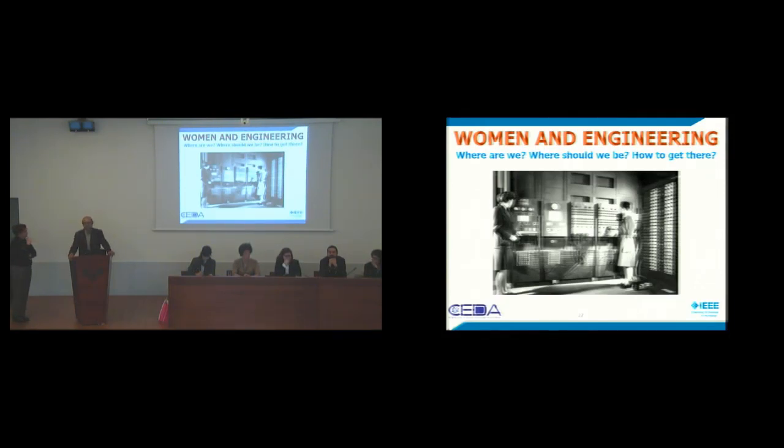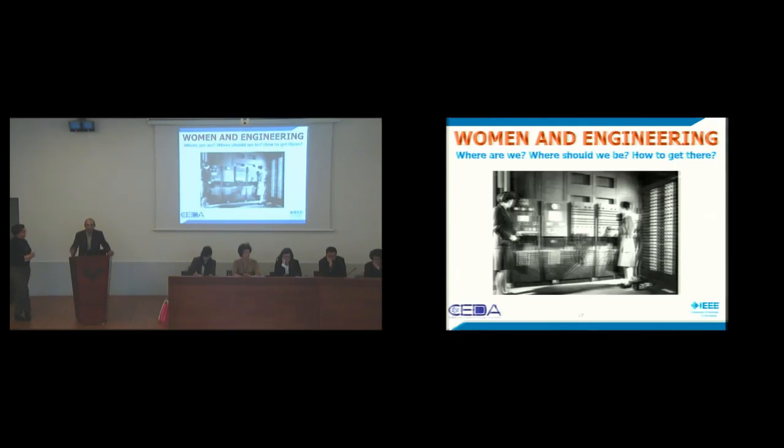All the credit for the design and the operation of this computer was given to two male engineers. But the team was not only these two male engineers, but six women. Six programmers, the first six programmers that developed much of the theory behind computer science at that time.